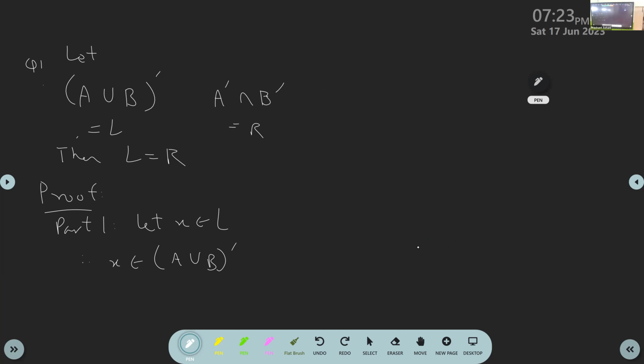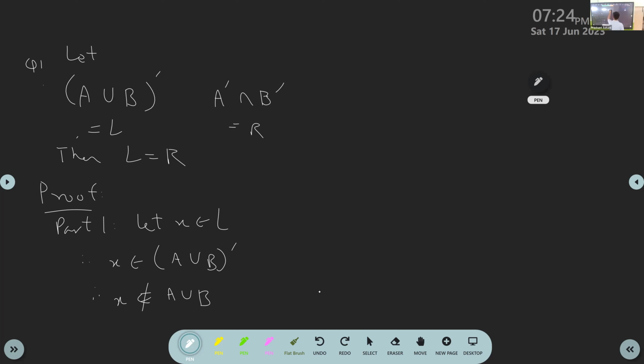So X belongs to (A union B) whole complement. In other words, X does not belong to that set. If we said X belongs to A or B, because we are taking the union, there will be a contradiction.